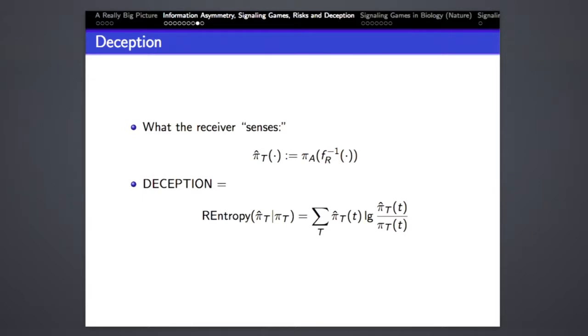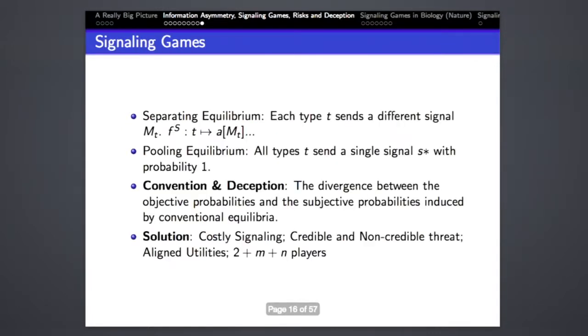If the Kullback-Leibler divergence is 0, that is, the objective distribution matches the subjective distribution, then there is no deception in the system. But I'm not really looking for a completely deception-free system. I want a system that actually satisfies many of the goals. Okay? So we'll come back to that. And I'm going to look at biological systems in that context also.